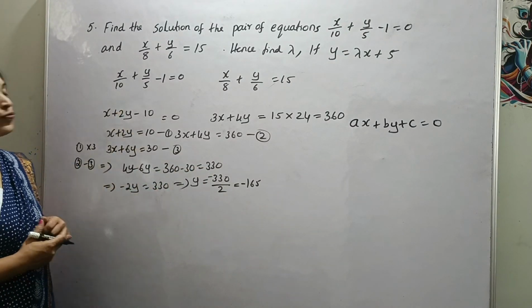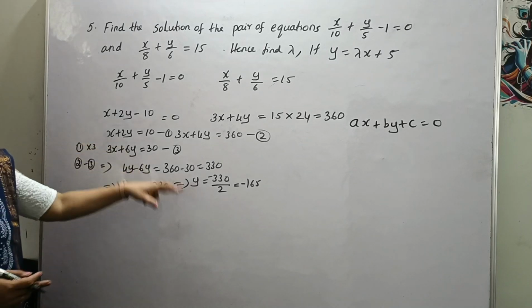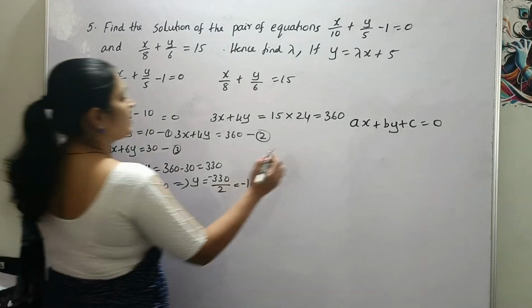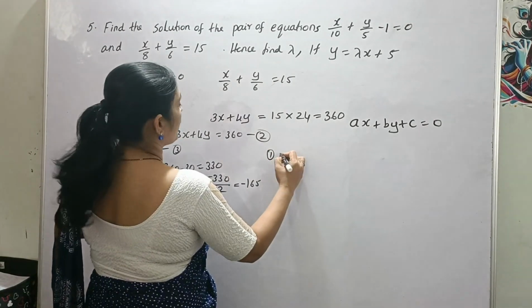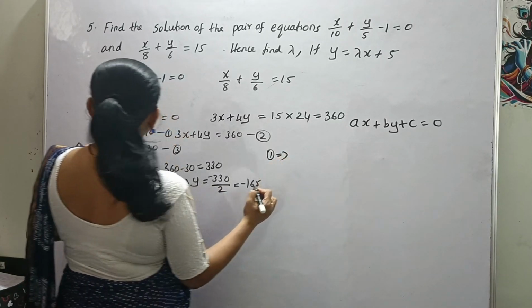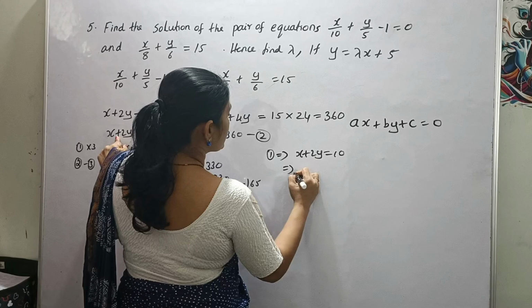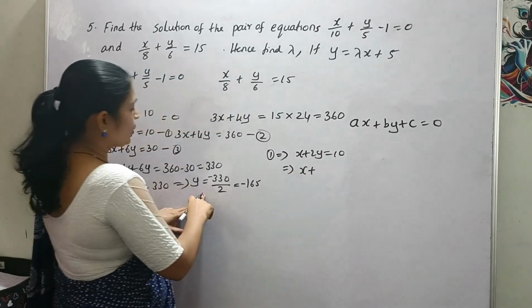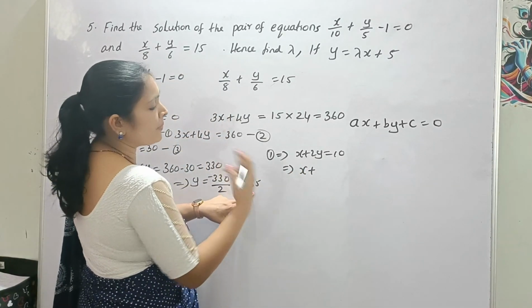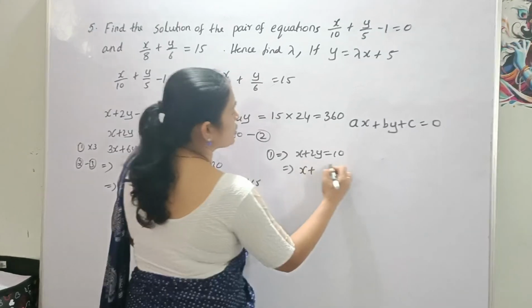Next, to find the value of x, substitute the y value in equation 1. Equation 1 gives x plus 2y is equal to 10, implies x plus 2 into y, that is minus 2 into minus 165.